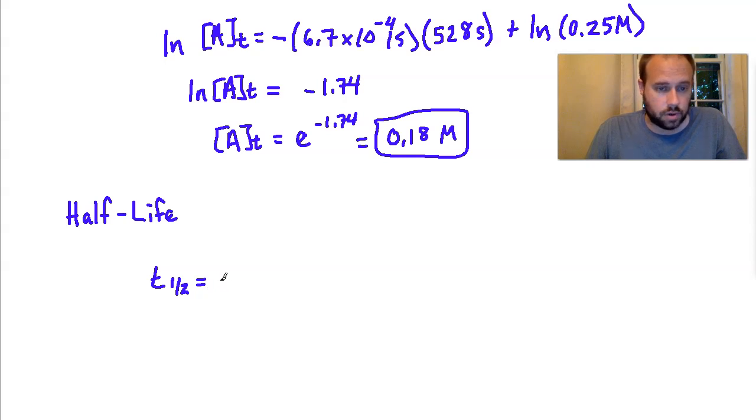And for a first order reaction, T half is going to be 0.693 over the rate constant K. So this will obviously change for each individual reaction, given that K changes for each reaction when we're talking about the rate constant. But it is a pretty straightforward format as far as determining half-life here.